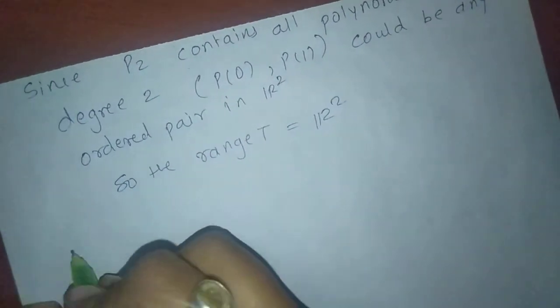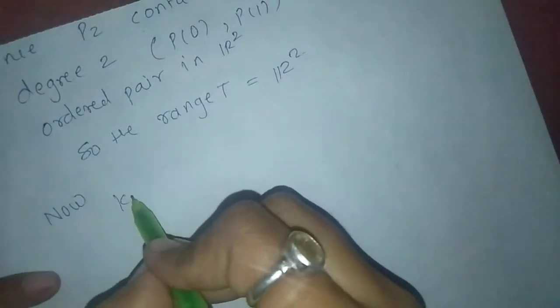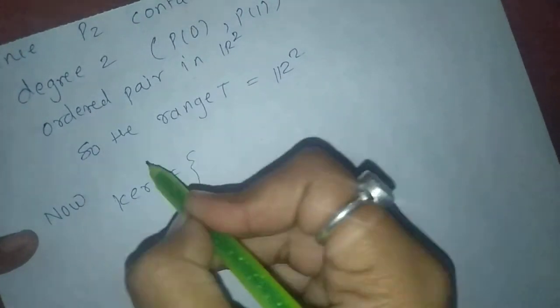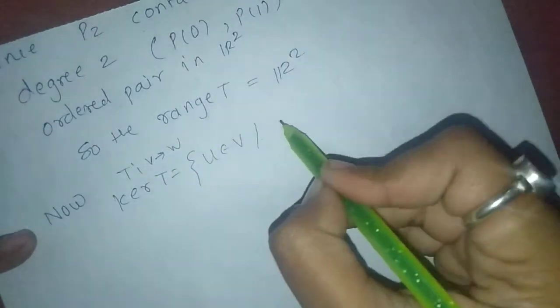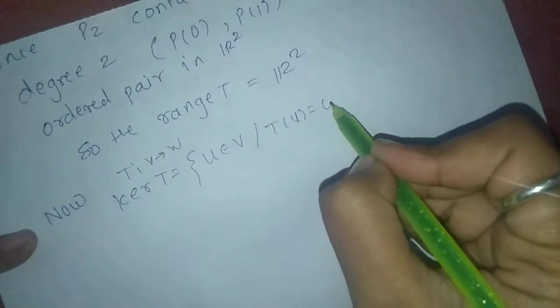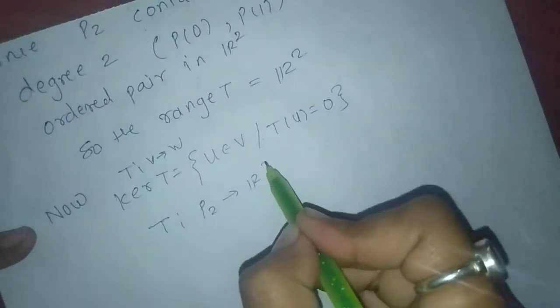Now to find the kernel of T, we know the definition of kernel of T. If T maps V to W, the kernel is the set of U belonging to V such that T of U equals 0. Here T maps P2 to R2.